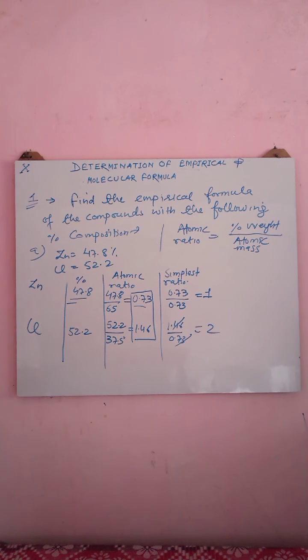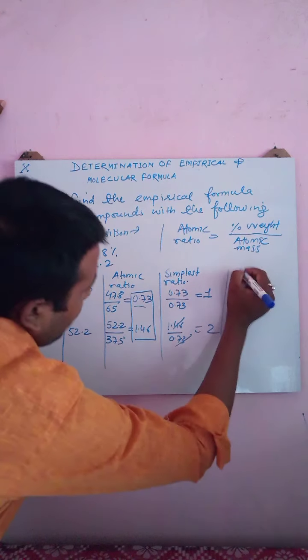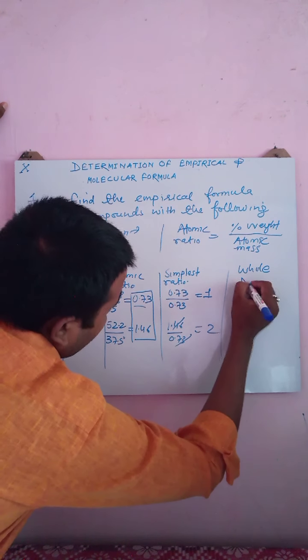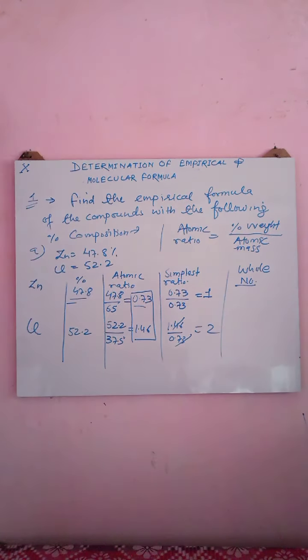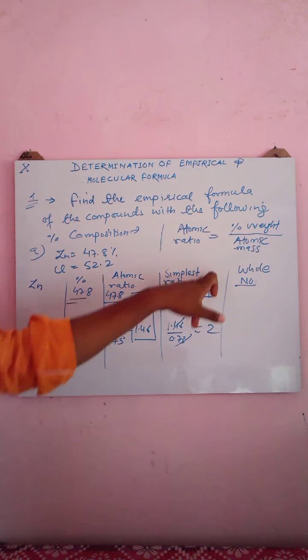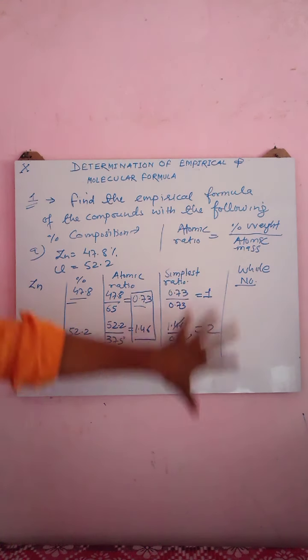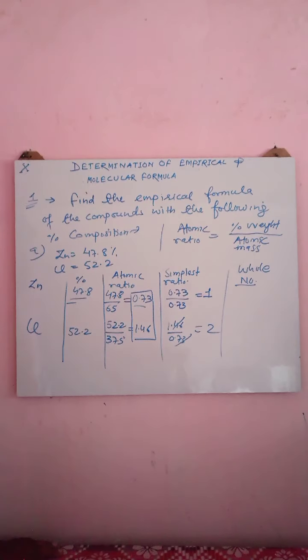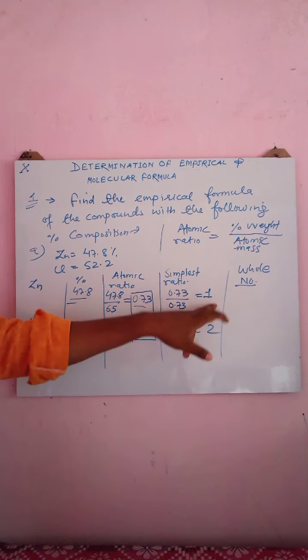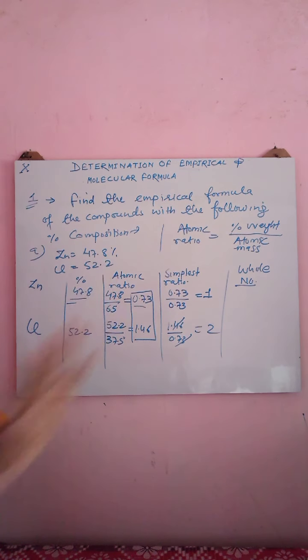Now we have to check whether the simplest ratio is a whole number or a fraction. If it is a whole number, there is no need to do anything. But if it is not a whole number, you have to find the simplest whole number by multiplying the simplest ratio with a suitable integer which can convert the fraction. Here the numbers are already whole numbers, so there is no need to convert them.